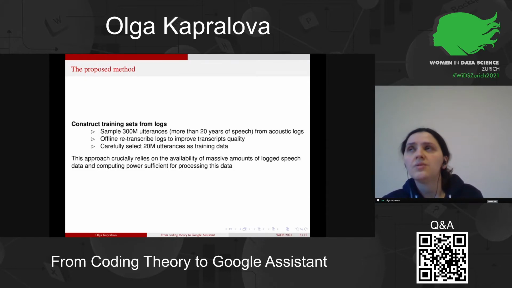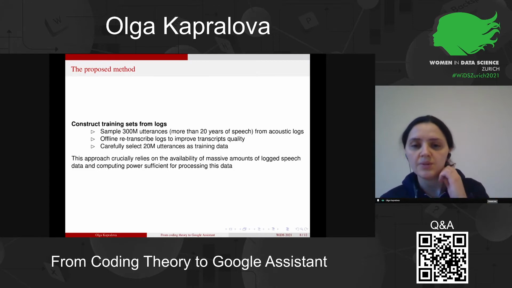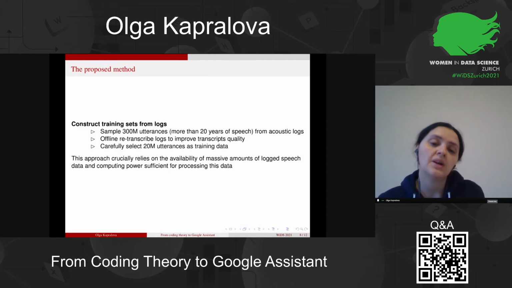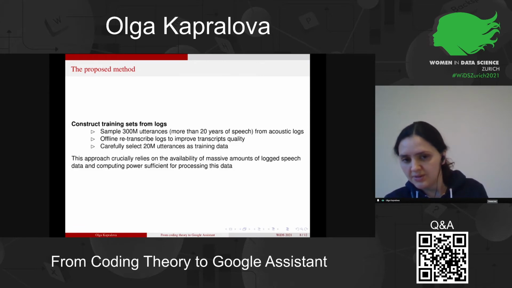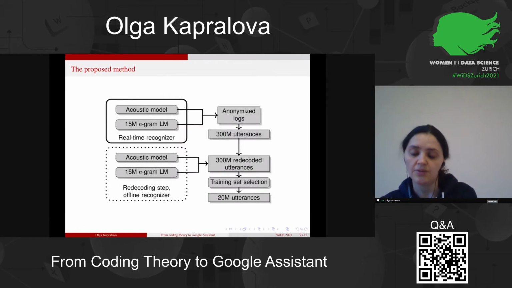This is an offline system, so I realized I can construct a high quality system, just much slower. Since it's an offline process, I'm not limited by stringent latency requirements. After that, I would retranscribe these 300 million utterances, and carefully select a new training set of a larger size.